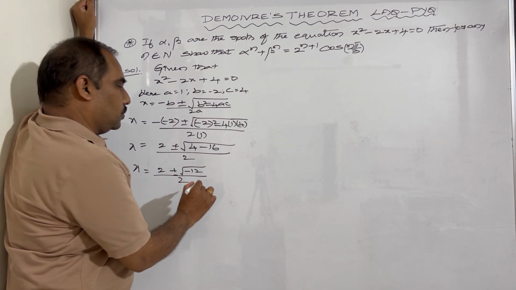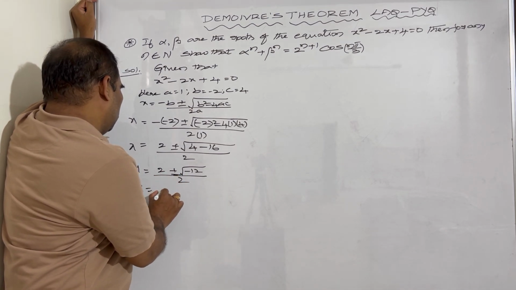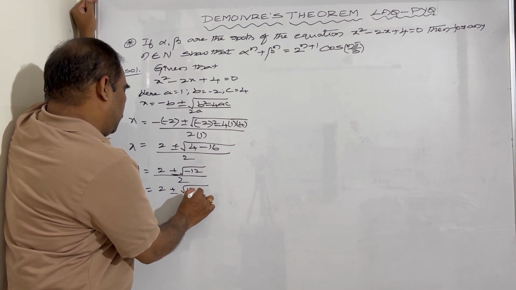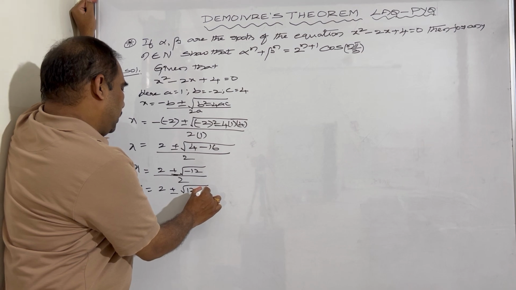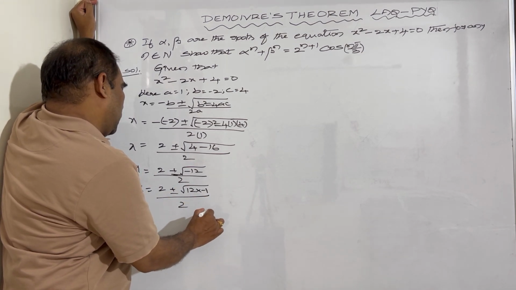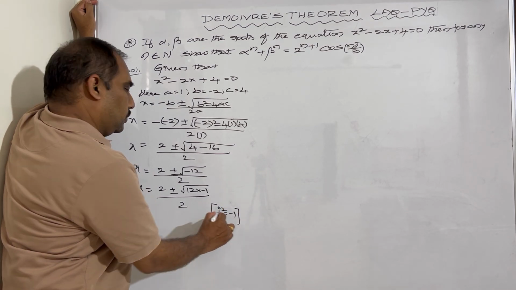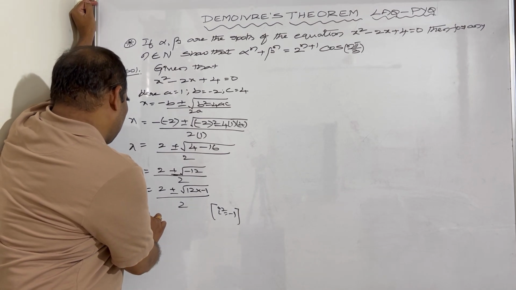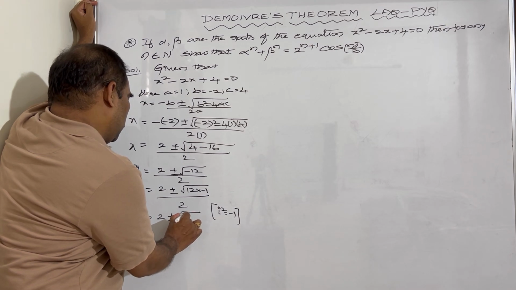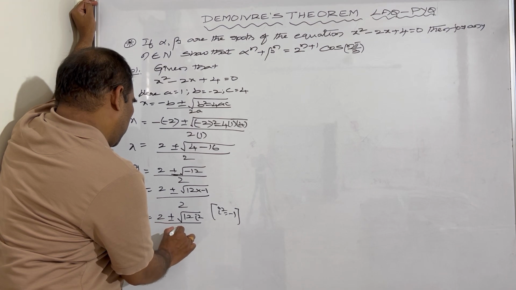And again x is equal to 2 plus or minus root minus 12 whole divided by 2. So x is equal to 2 plus or minus, we can write 12 into minus 1, whole divided by 2. We know that i square is equal to minus 1, so it can be written as x is equal to 2 plus or minus root over 12 into i square, whole divided by 2.